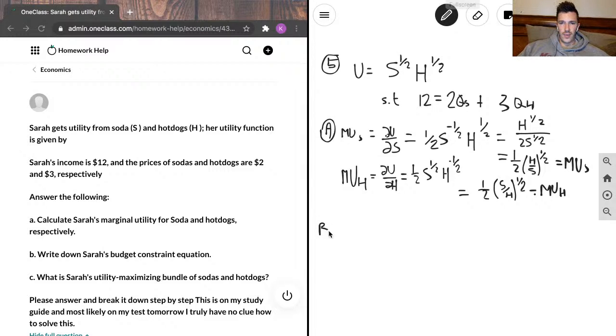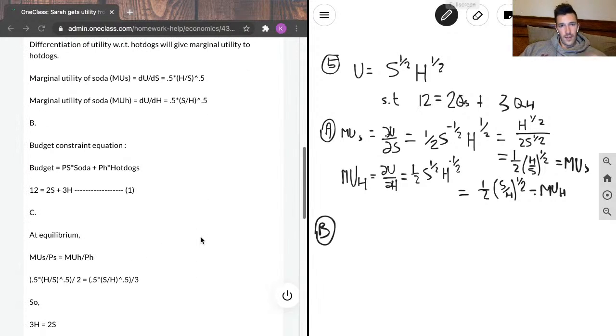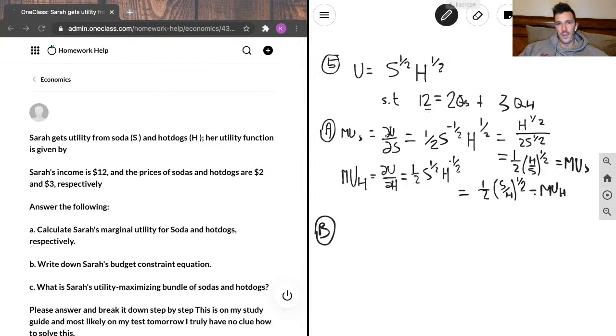For B, we need to write down our budget constraint equation. I've already done this at the beginning, so I'll do it again. Budget constraint: she has an income of $12. In situations like this, you assume she only consumes the two goods.